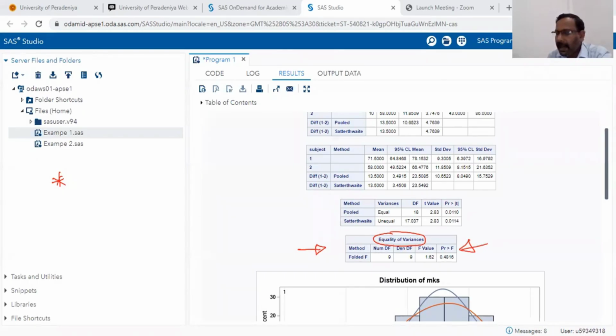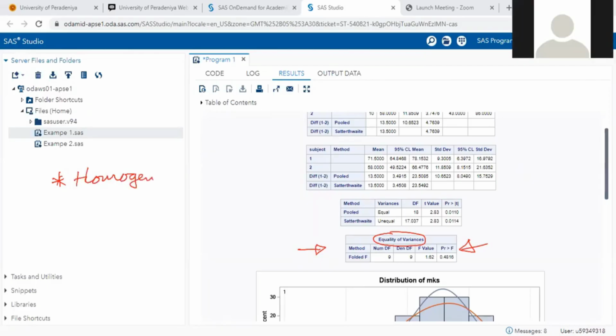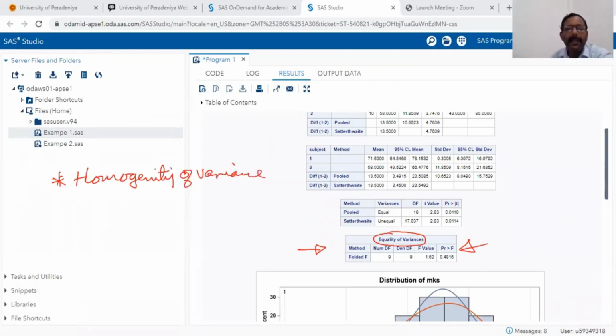What is the assumption that we have tested? Can you remember this? Still, we are talking about the pooled t-test, the independent two-sample t-test. Can you remember this?